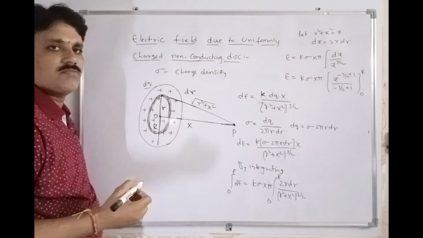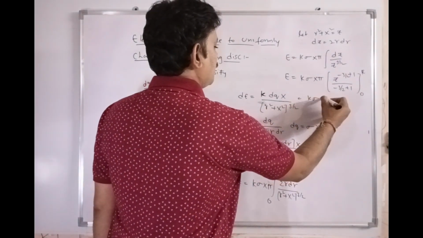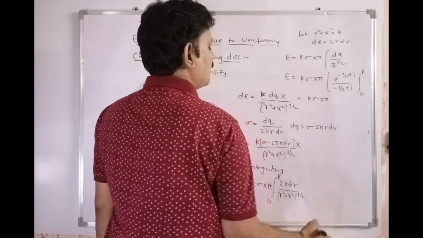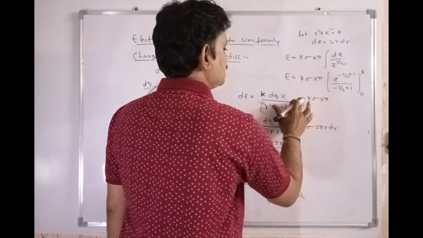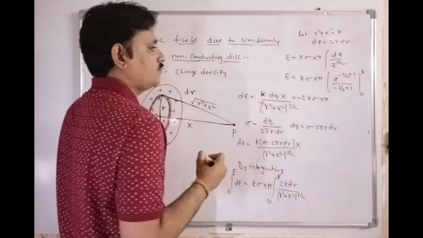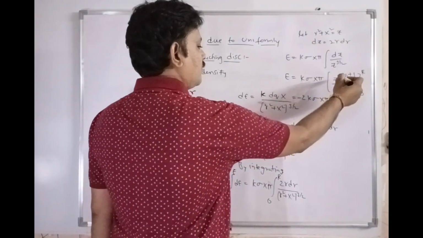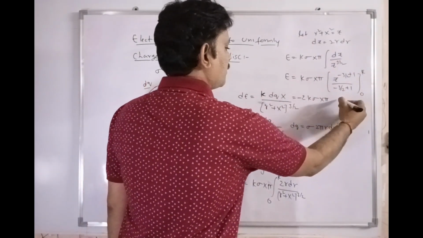So k into sigma into x into pi into minus 3 by 2 plus 1 is equal to minus 1 by 2, that is minus 2, and z power minus 3 by 2 plus 1 is equal to z power minus 1 by 2.